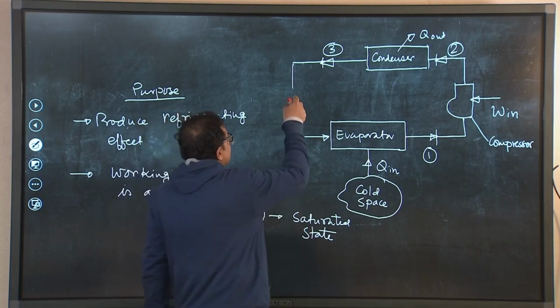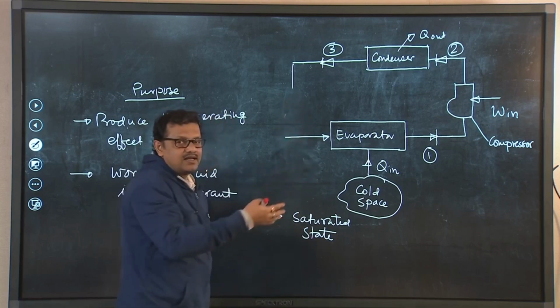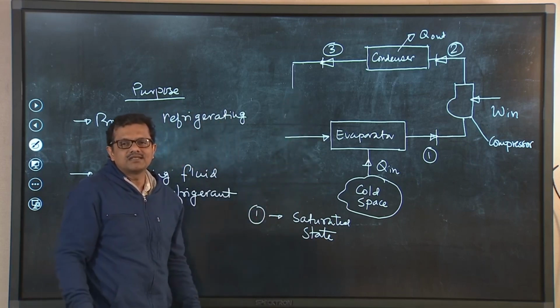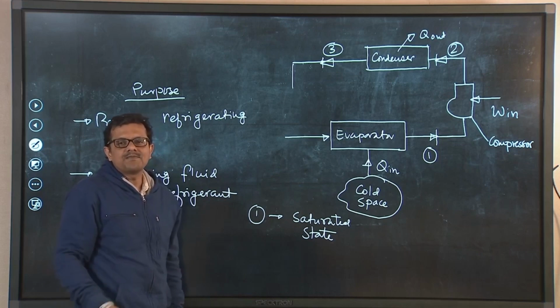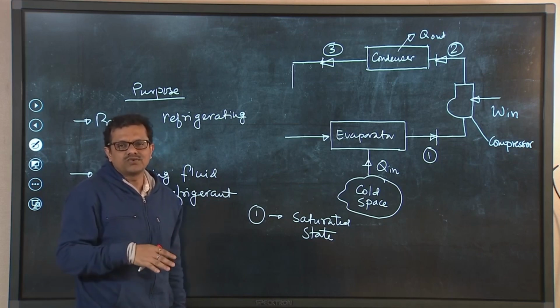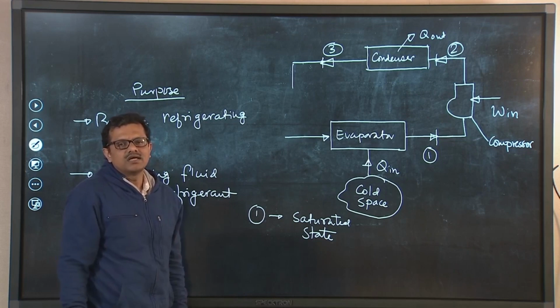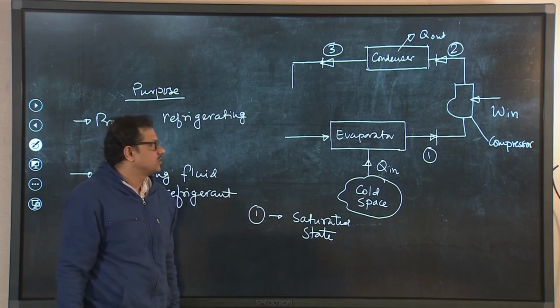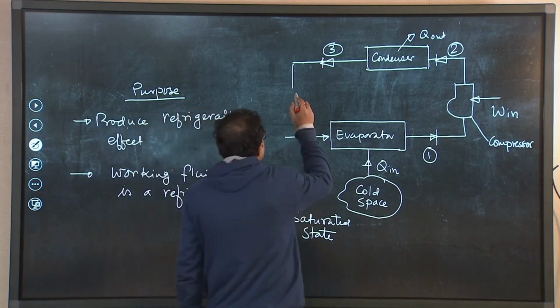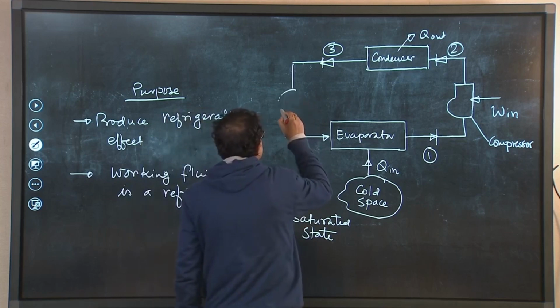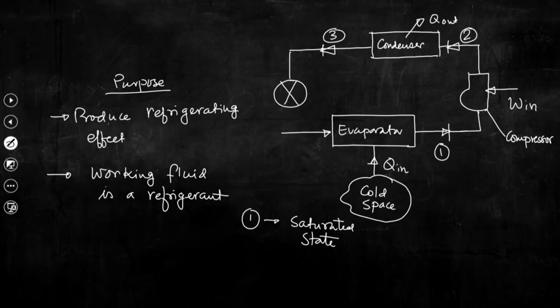So, here what is done, instead of a turbine, a special type of device is considered, because here the purpose is not to produce work, but to get refrigeration or refrigerating effect. The special device which is considered here is known as the throttle valve.